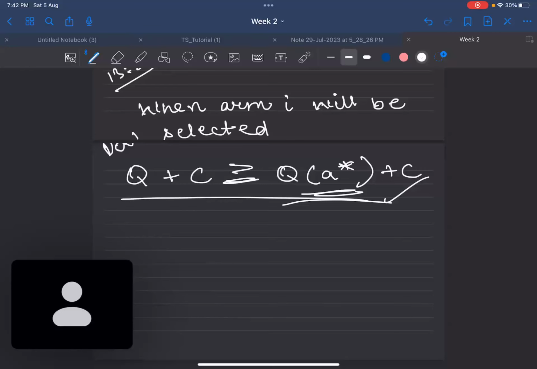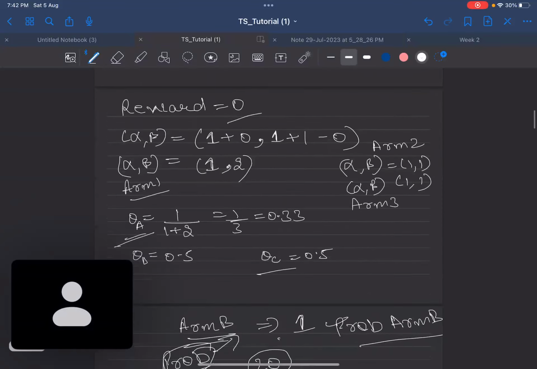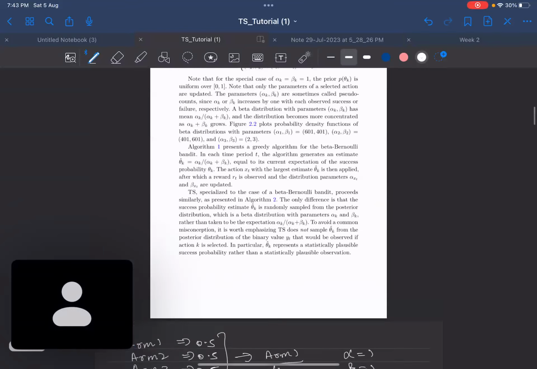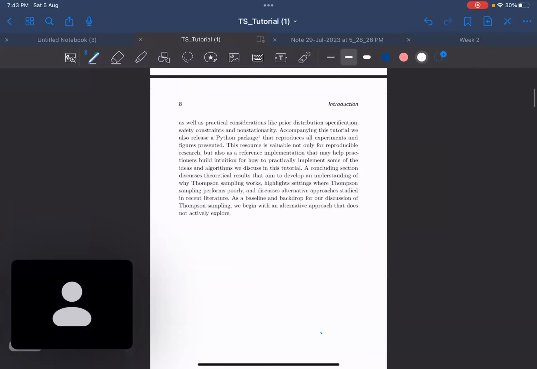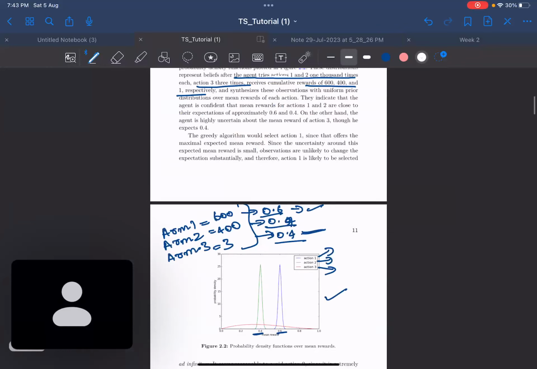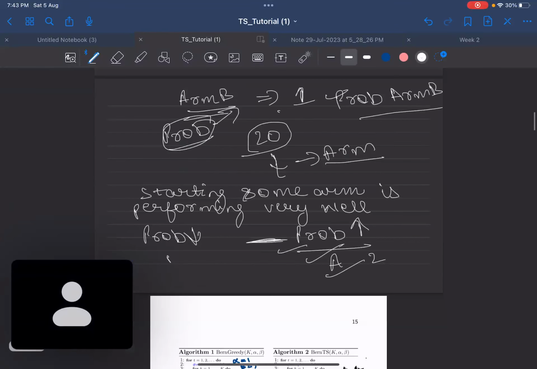Ma'am, what was the first resource that you mentioned? This one, the TS tutorial. For the MAB thing, you can go through this. This is a good tutorial, basically a Stanford tutorial. You can search for Thompson sampling and Stanford. Mostly in chapters 2 and 3, you'll get good information about greedy, epsilon greedy, as well as Thompson sampling.